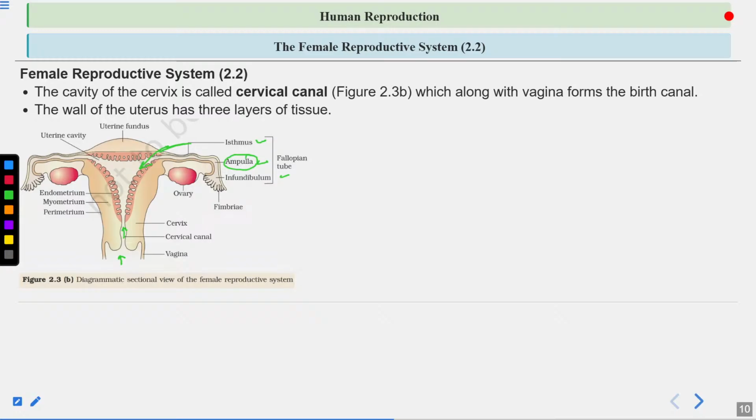Some hormonal pills are taken, which cause inflammation of the cervix. So there is no space for the sperms to travel because the cervix becomes inflamed. This stops the sperm from reaching the ampullary region of the fallopian tube and stops the process of fertilization, and thus pregnancy.